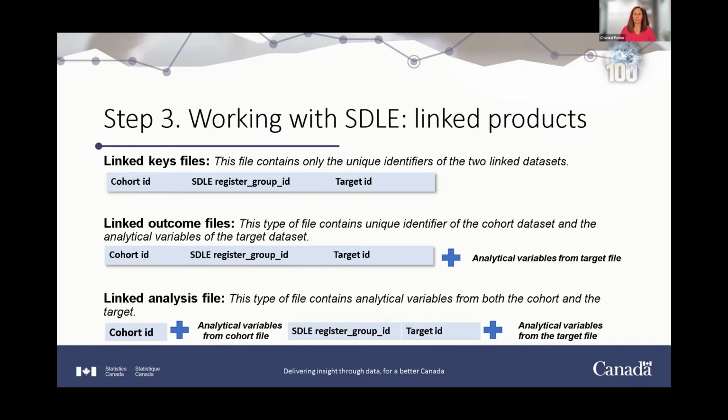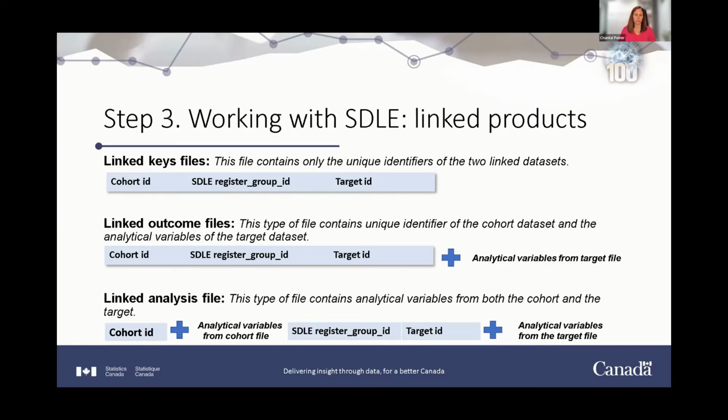We have a linked key file, which contains only the unique identifiers, the primary key of the two linked data sets. We also offer a linked outcome file. In that case, you'll have the unique identifier of the cohort data set and the analytical variables of the target data set.